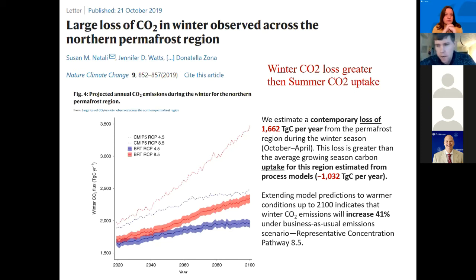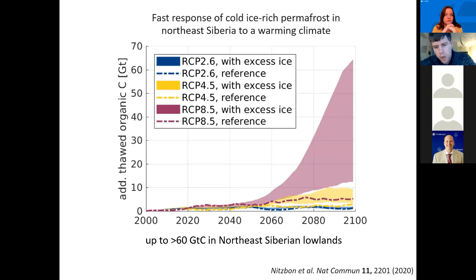And so just to kind of look ahead a little bit, this was a paper by Nisbon last year, showing just from Northeast Siberia and the ice-rich permafrost in Yakutia, that under the RCP 8.5, which is the current track we're on, just from Northeast Siberia, we're looking at 60 gigatons of carbon by 2100, which is about 6 years of human emissions. So you can see how we could miss our budget by not including this.